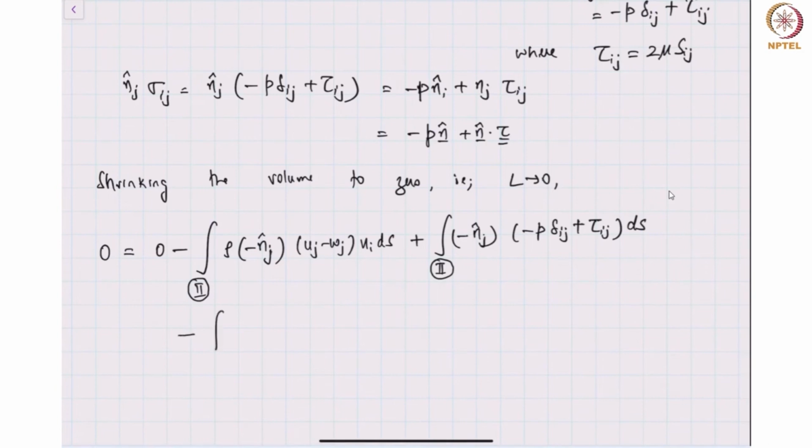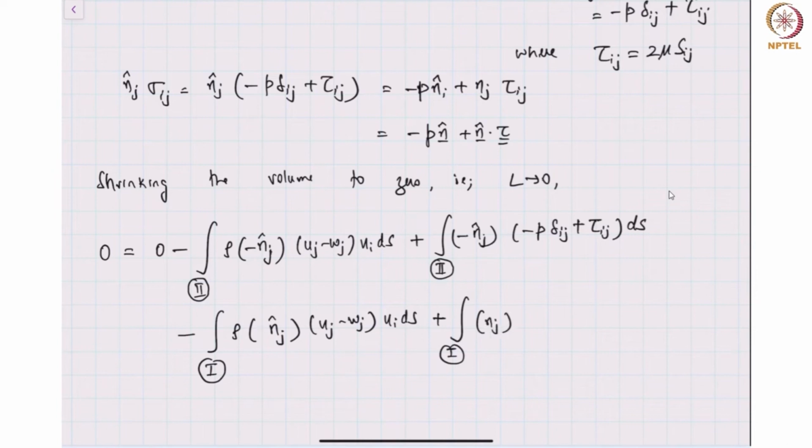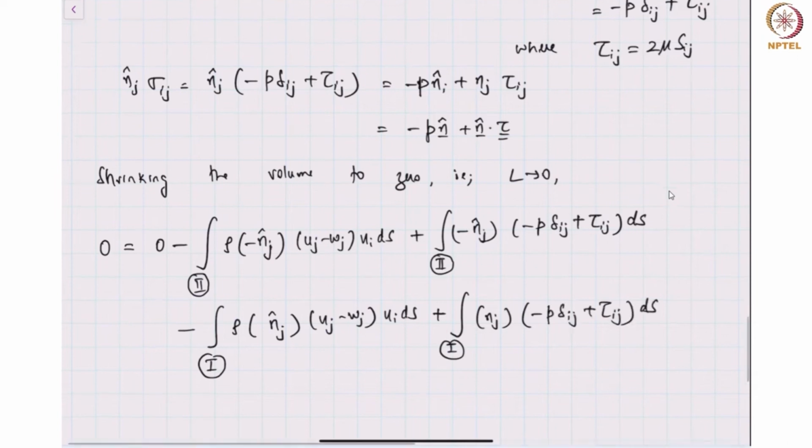Now I'll write down over region 1. I have the same thing now. The only difference is that there is no minus sign. So there's a small correction here. There is no minus here. Nj times minus P delta ij plus tau ij dS.